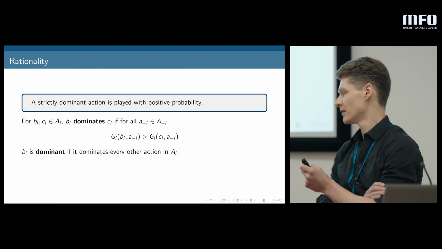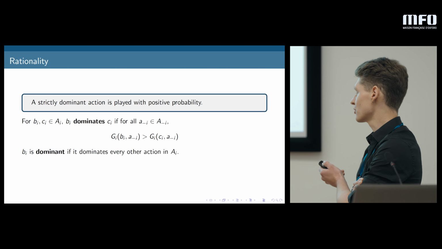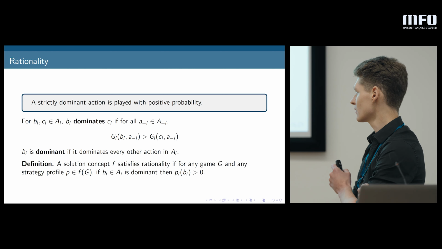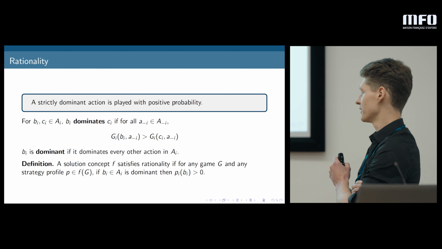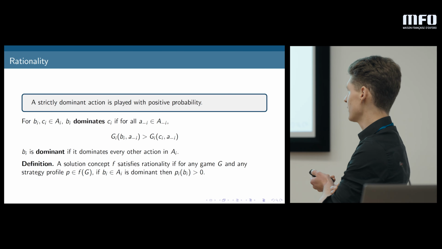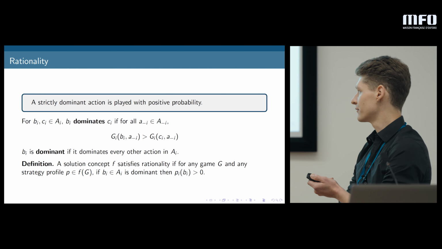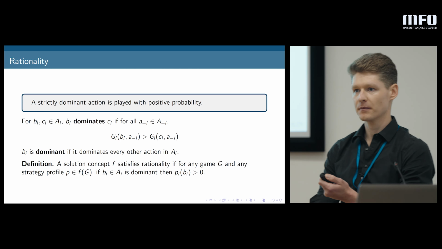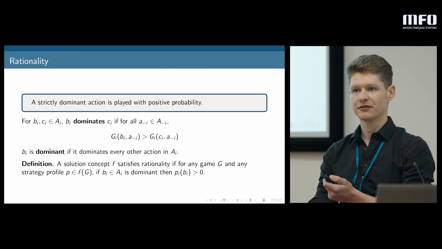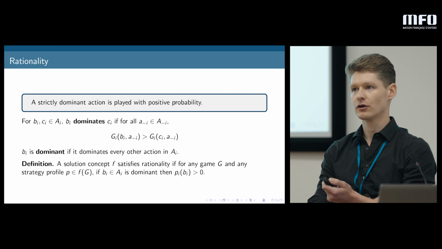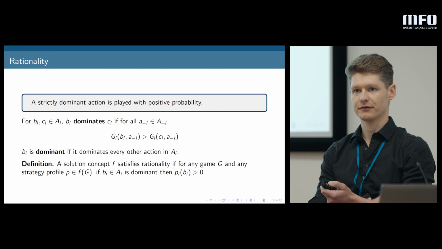So this is strict dominance in pure strategies. Then solution concept F satisfies rationality if for every game and every strategy profile in this game, if player i has a strictly dominant strategy B_i, then the probability of B_i is strictly positive.